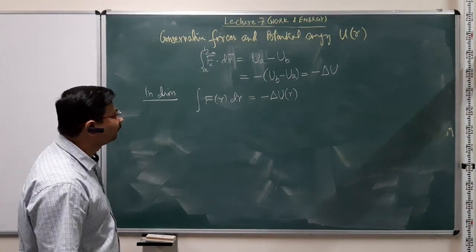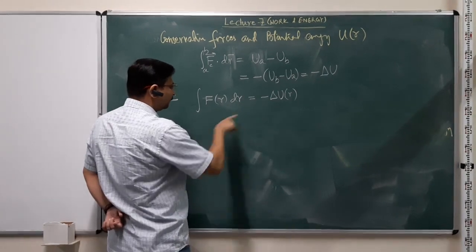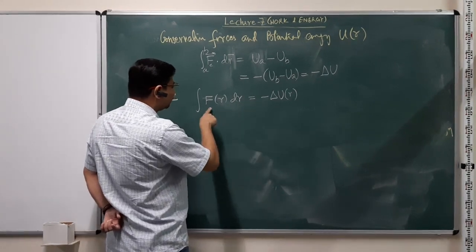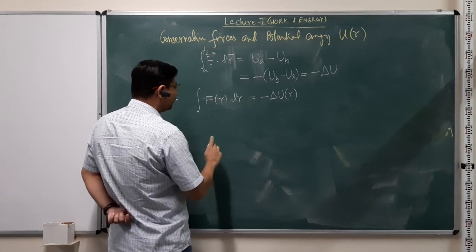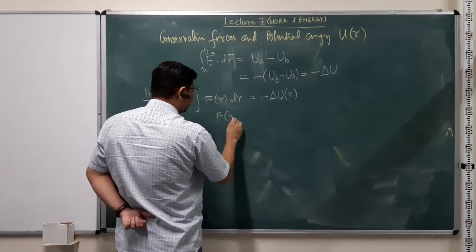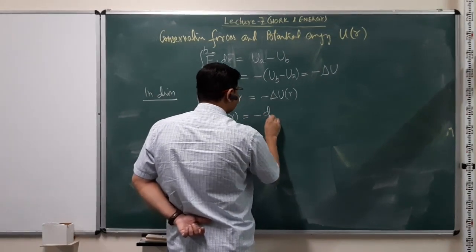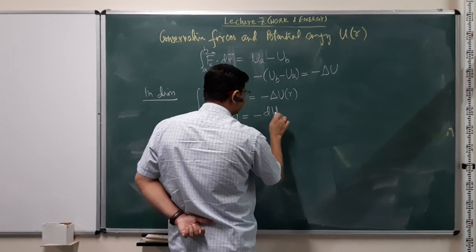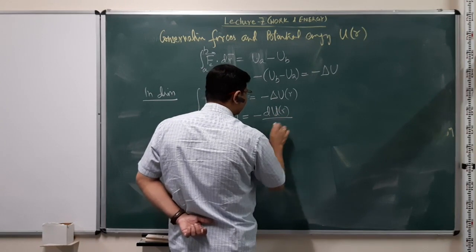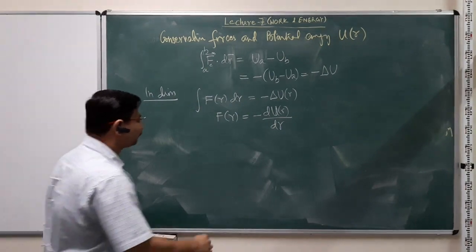Right? If this is the case, then this is a very simple equation, which I can solve for F(r) by simply differentiating on both sides. So I can get F of r is equal to minus dU over dr. The standard procedure.